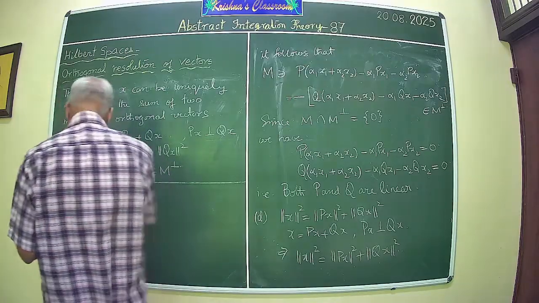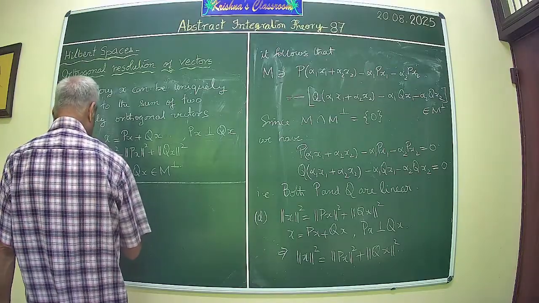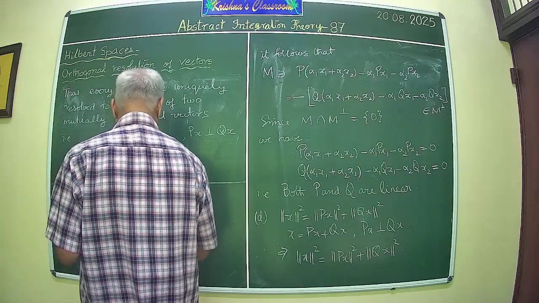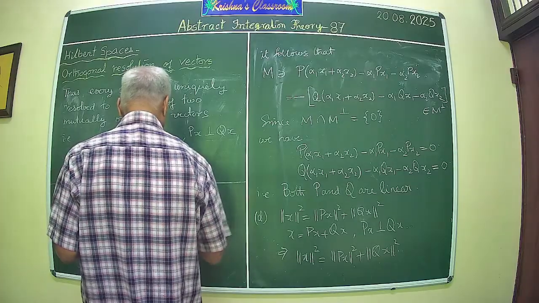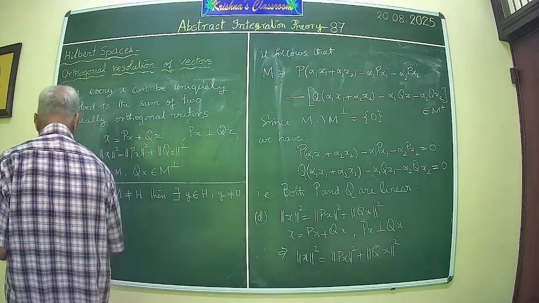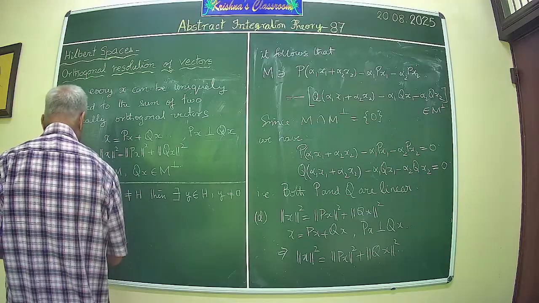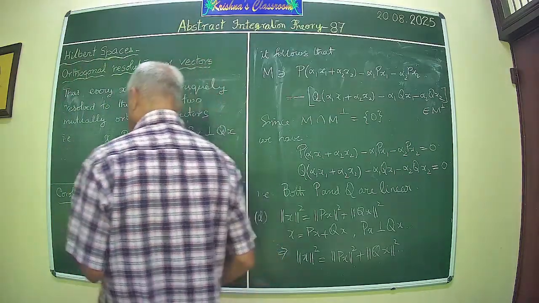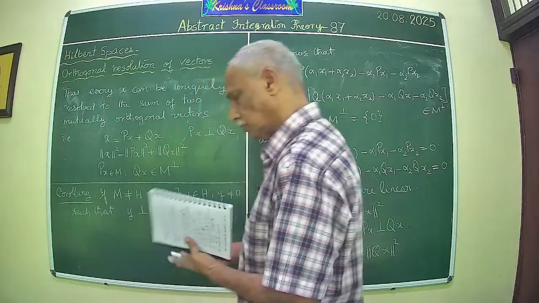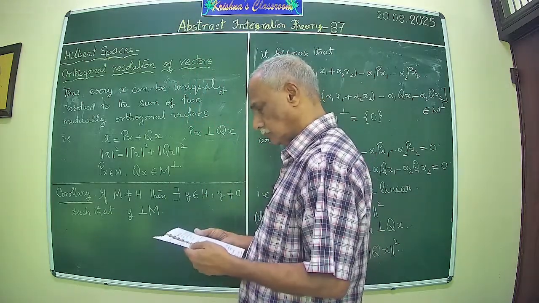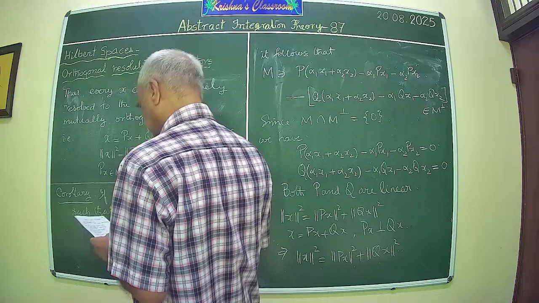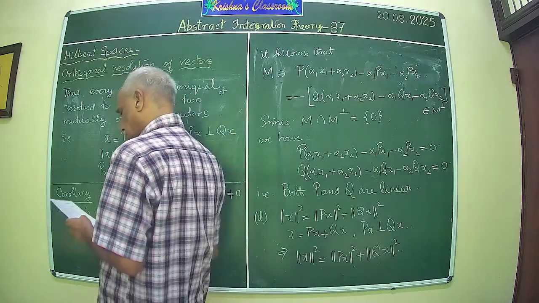The statement is that if M is not equal to H, there exists a y belonging to H, y not equal to 0 such that y belongs to M perp.